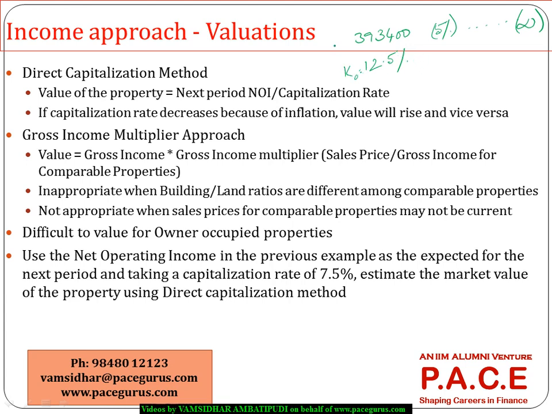Now this is like a constant growth of dividend kind of model. The present value is nothing but the next year value D1 by KE minus G. The D1 in this case is the net operating income for the next period. K minus G, 12.5% minus 5%.